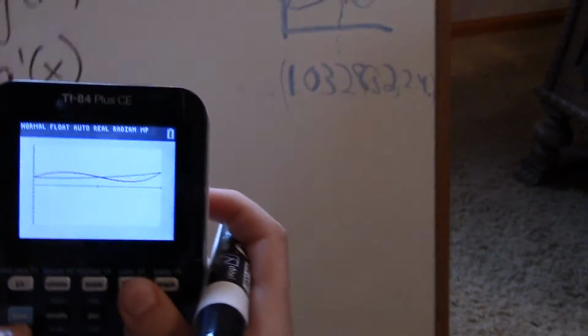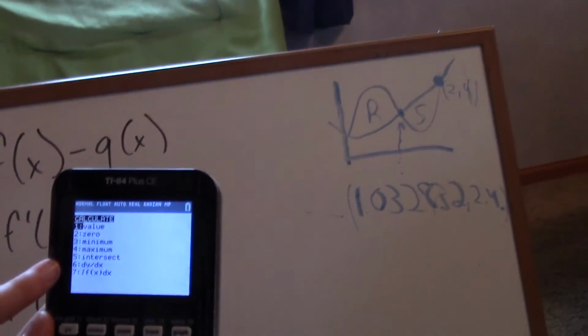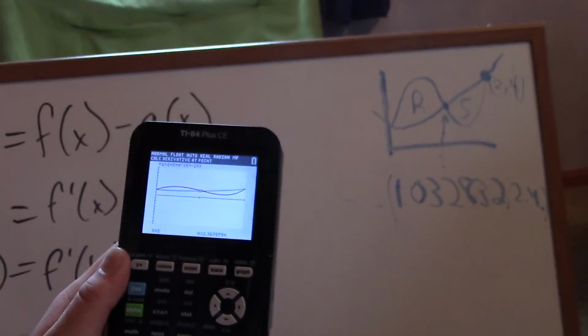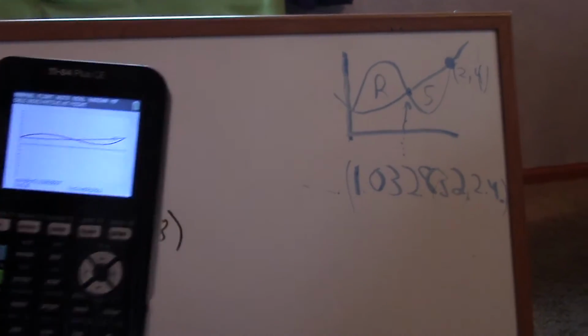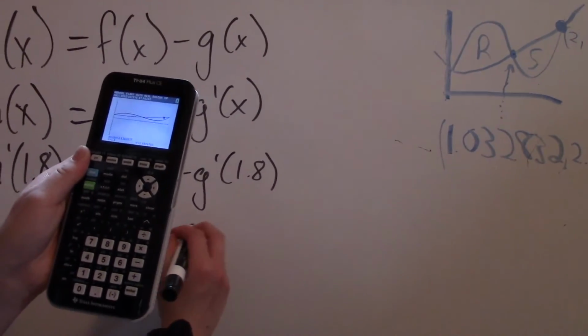So we're on our graph and we're trying to find the derivative, so we hit second and trace. Our calculators can find the derivative, we just have to go to number 6, and since it's on f of x, we'll type in 1.8 and hit enter, and it says our derivative is 2.116.